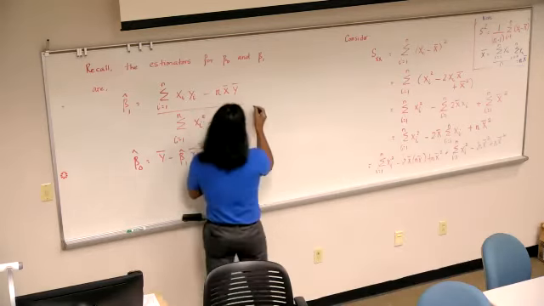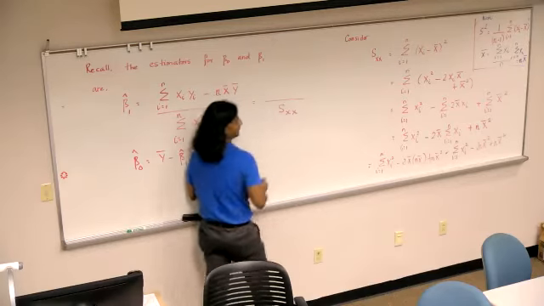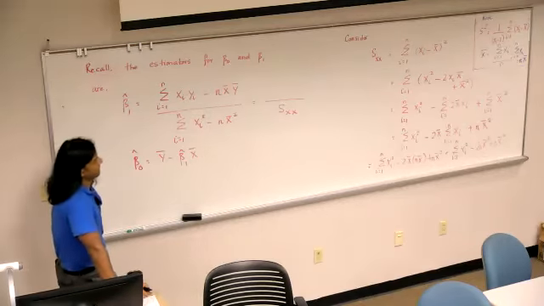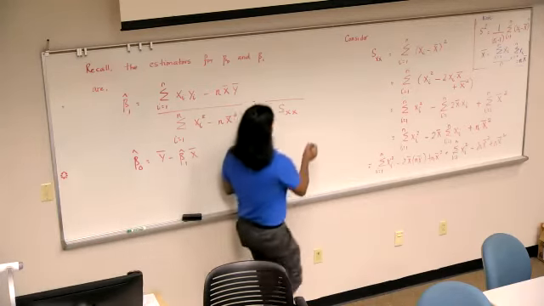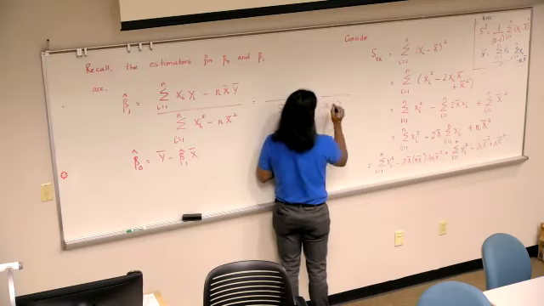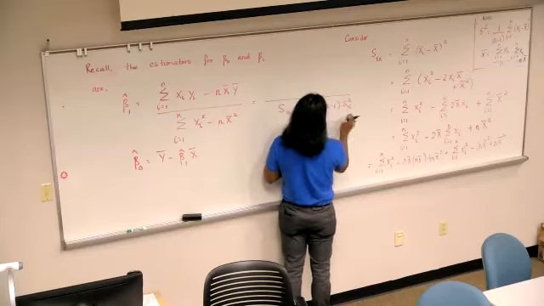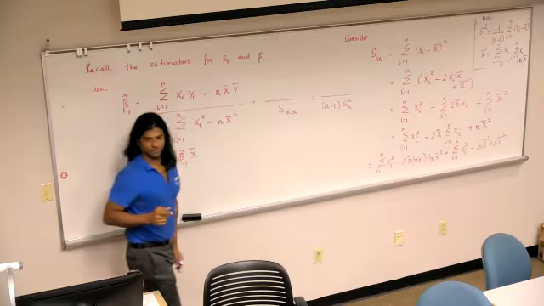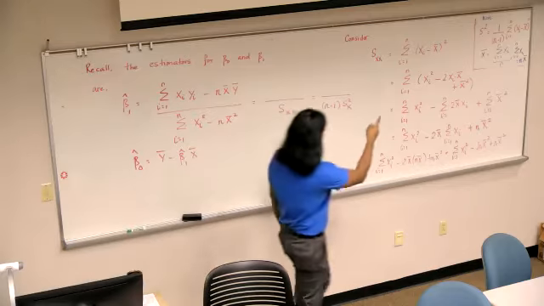So write the denominator as SXX, which would equal n minus 1 times s squared of x, which is the sample variance of x over here.